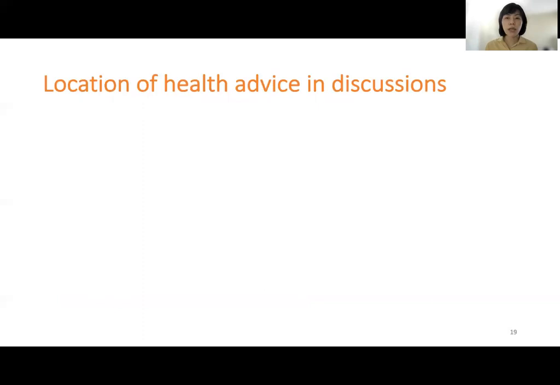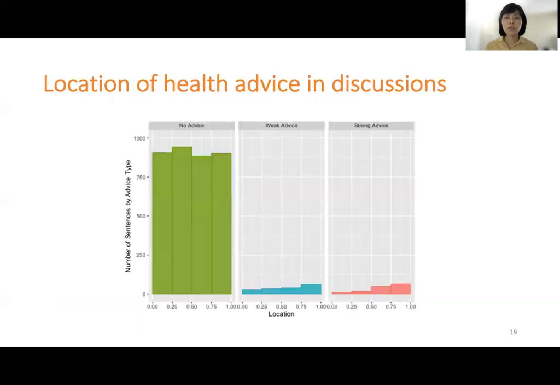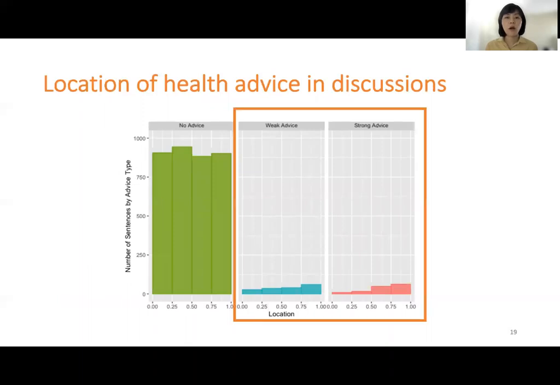Different from unstructured abstracts, the distribution of health advice in discussion sections is more arbitrary. Although health advice, especially strong advice, tends to occur in the second half of discussion sections, about 30 advice sentences could also appear in the first half. So simply applying the location filtering technique would not be applicable.